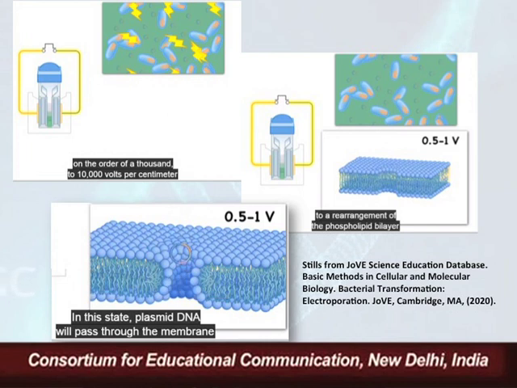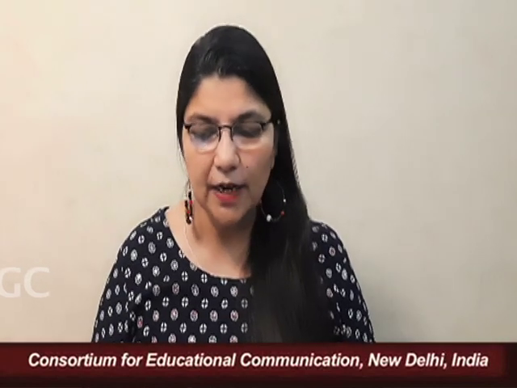In this state, the plasmid DNA lying around the bacterial cell will be introduced inside the bacteria. So this is how the electric shock of approximately 0.5 to 1 volt helps the plasmid DNA get introduced inside the bacteria.